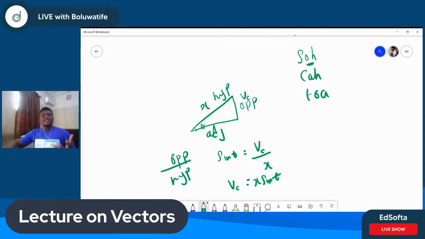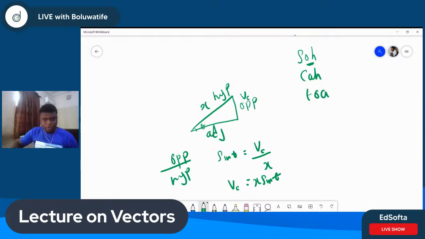So if you want to find the vertical component of a vector, what you simply do is multiply the magnitude by the sine of the angle to which the vector was tilted, or which the vector deviated with. So if this angle was 30, for example, what you have here will be sine 30.